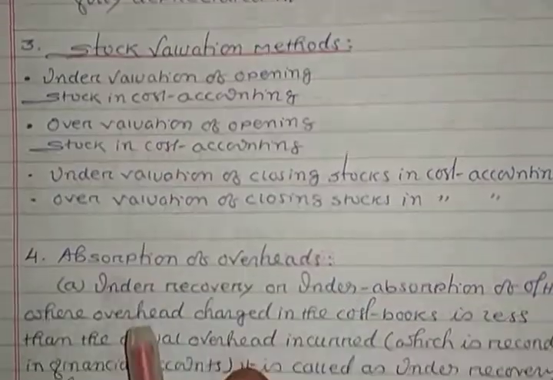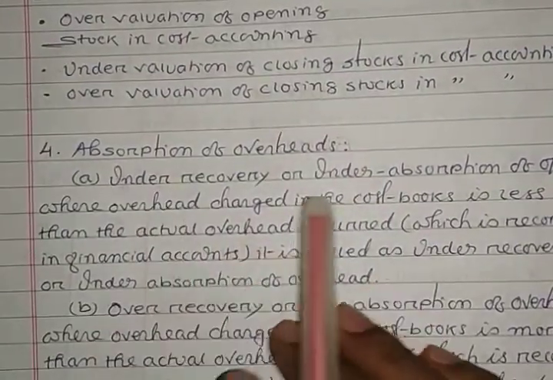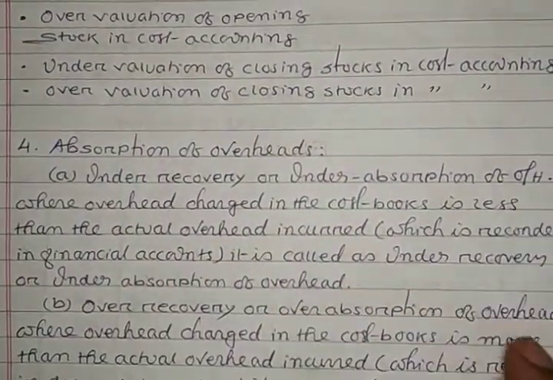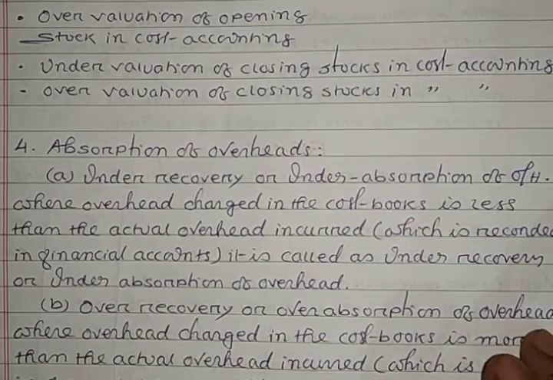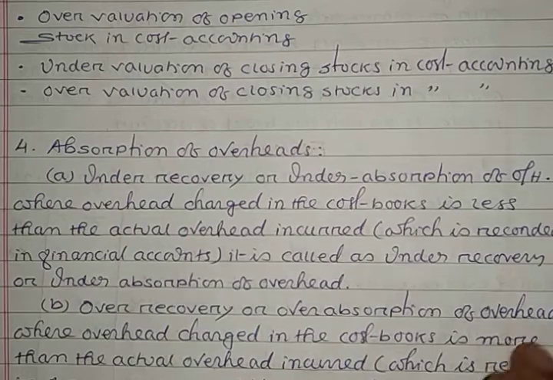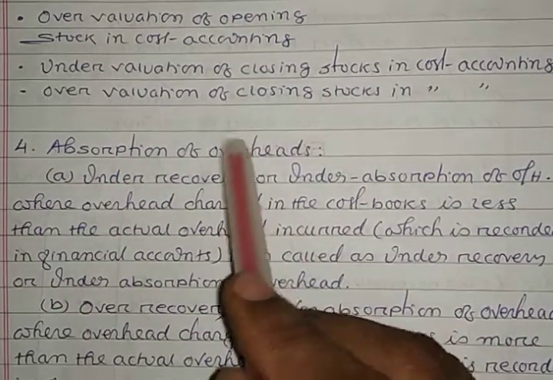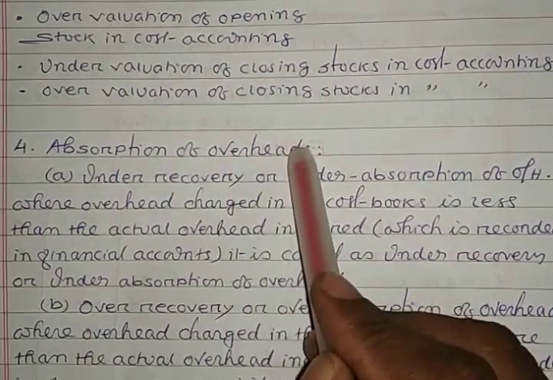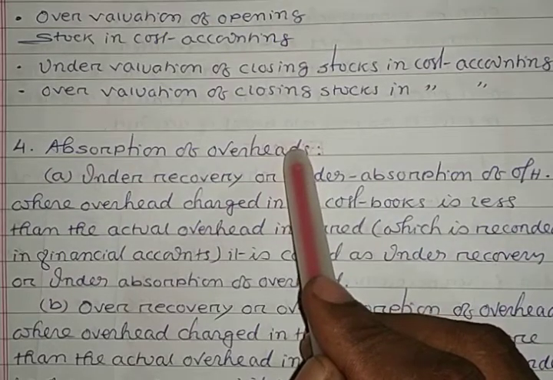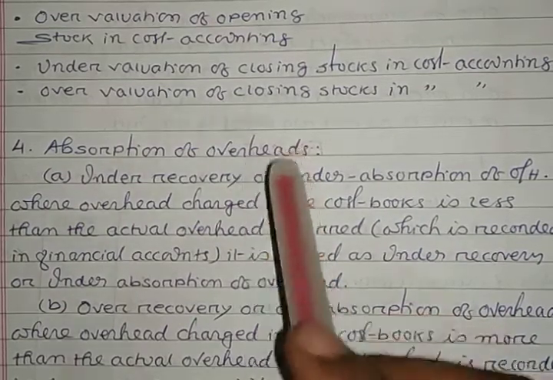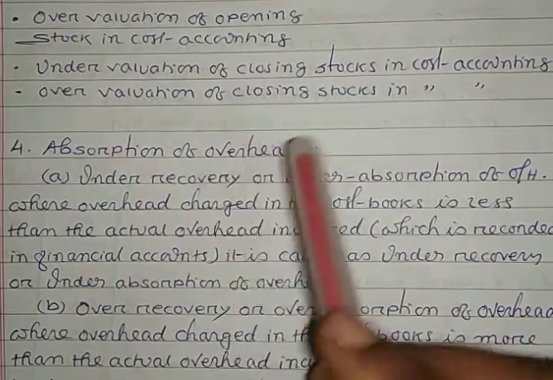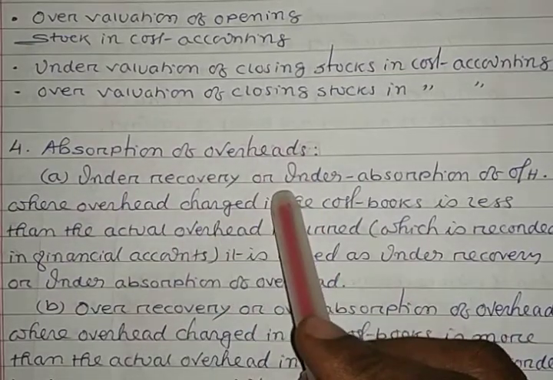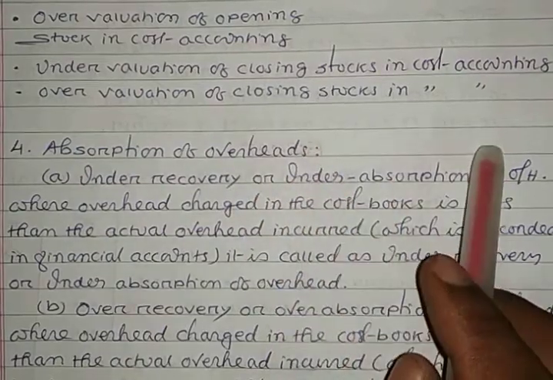Then the fourth reason, absorption of overheads. Students, in the financial accounting system, the amount of overhead actually incurred is recorded. But in the cost accounting system, the overheads are recovered on the basis of a predetermined rate.